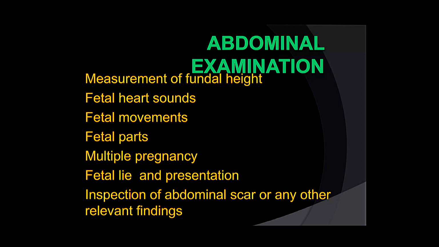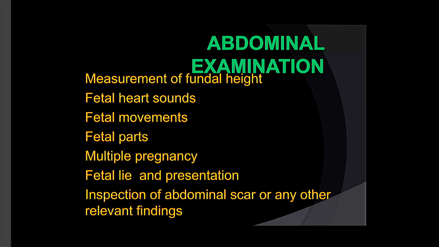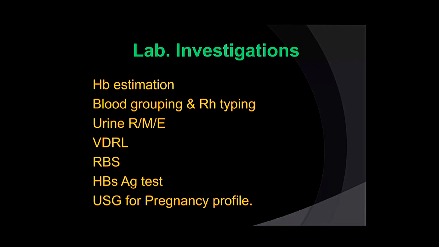All these things have to be identified during each antenatal examination. After physical examination, next is lab investigation, which includes Hb estimation, blood grouping and Rh typing, urine routine and culture, VDRL, RBS, HBsAg test, and USG for pregnancy profile.